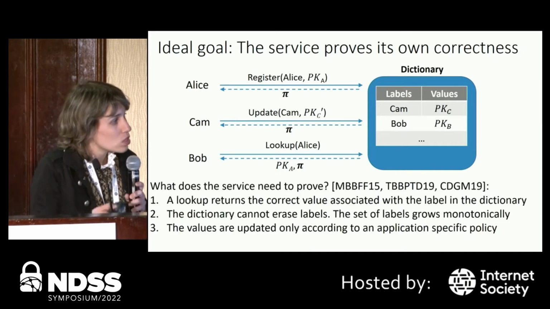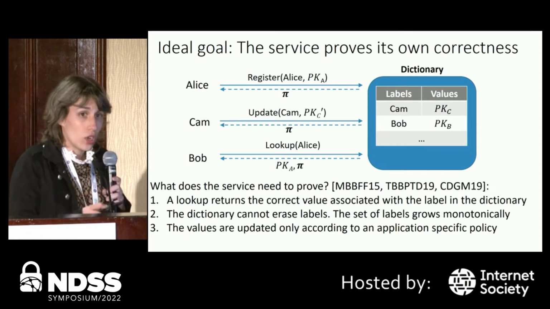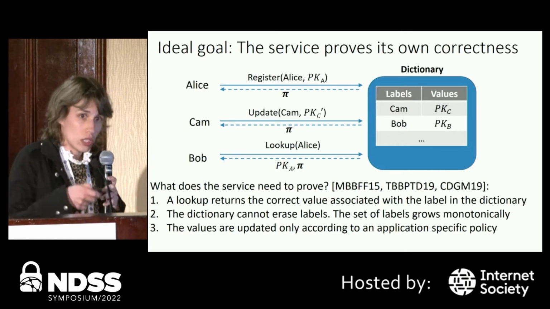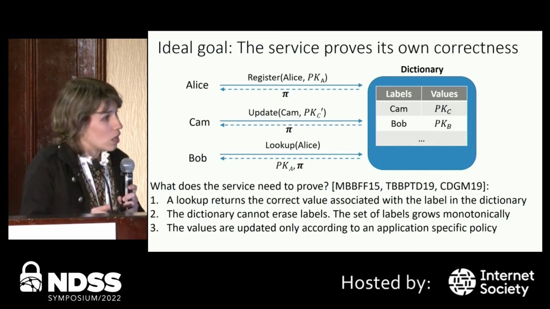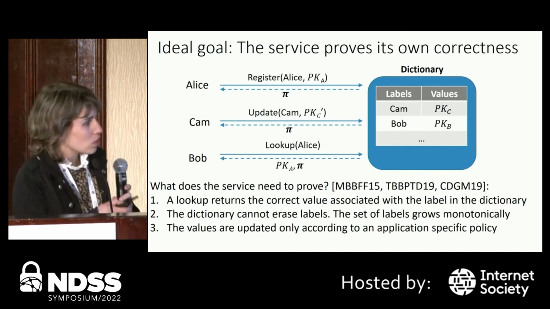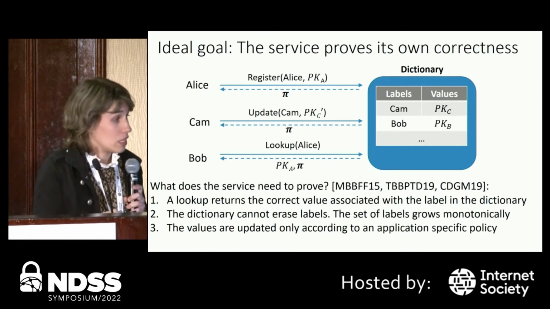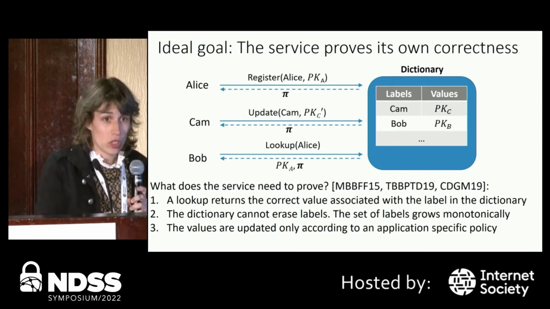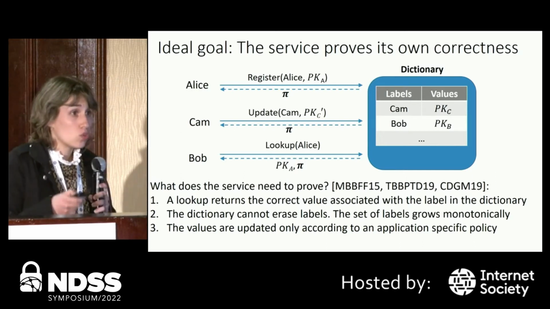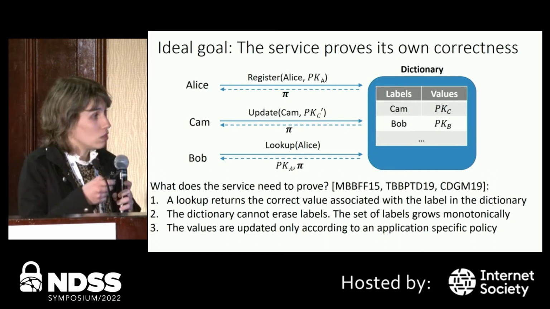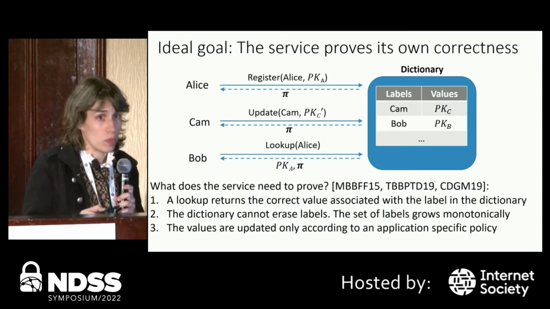First, each lookup should return the correct value that is associated with the label in the dictionary. Second, the dictionary should not be able to erase any labels, and the set of labels in the dictionary should grow monotonically. Third, all updates to already existing labels should be done according to an application-specific policy.